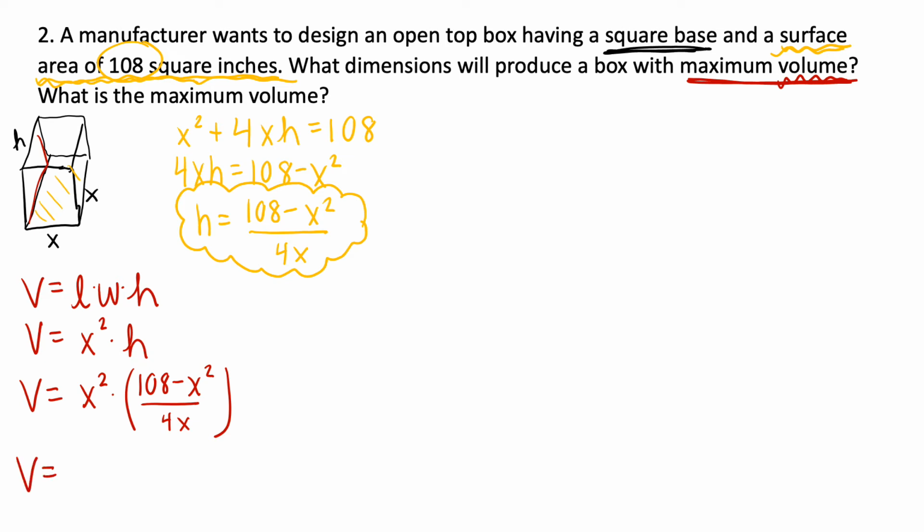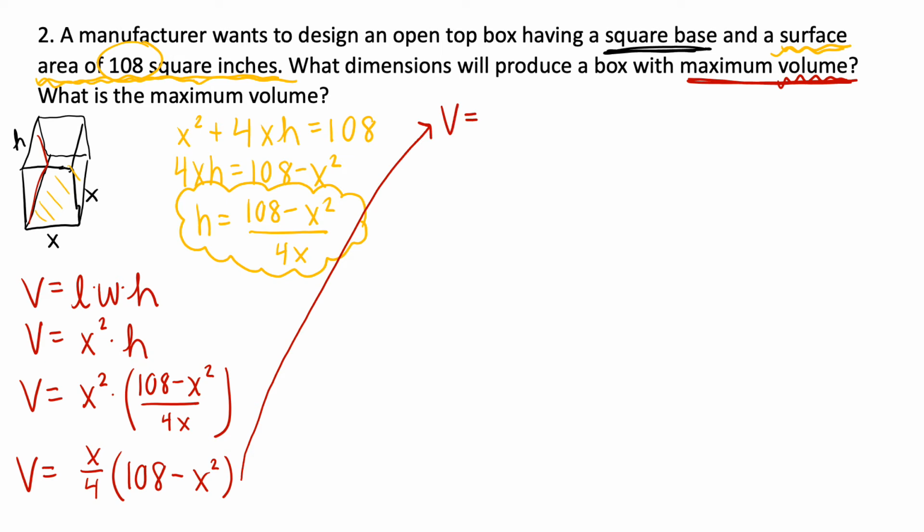So we have volume equals x squared over 4x, which gives me x over 4, times (108 minus x squared). Running out of room here, let's come up to the top. So we can write this as volume equals 108 divided by 4, which is 27, times x, minus, distributing our x over 4 to the negative x squared, x cubed over 4.